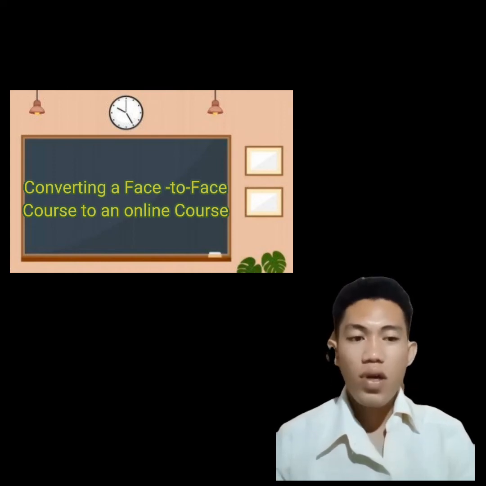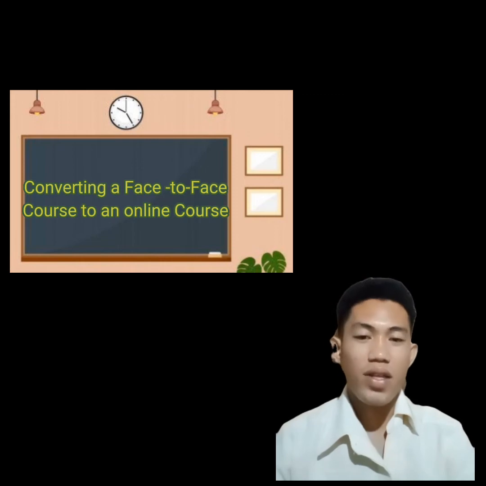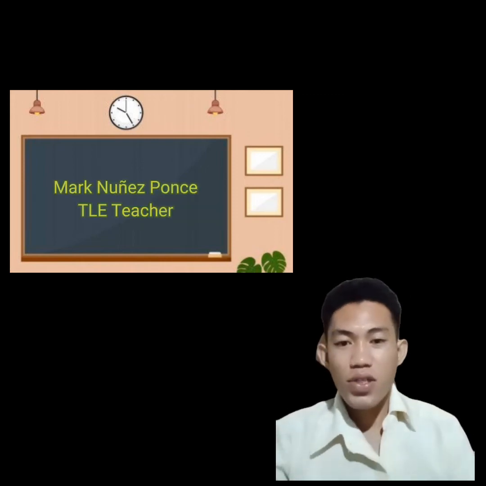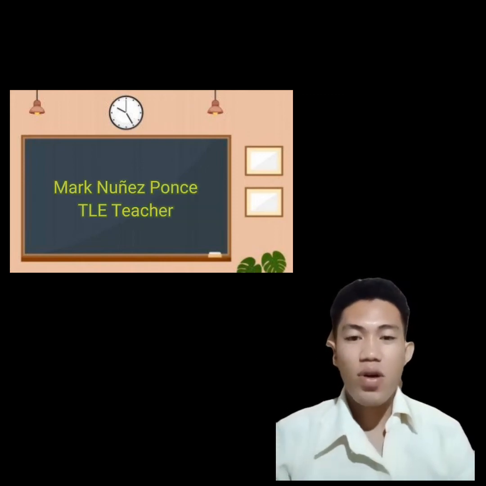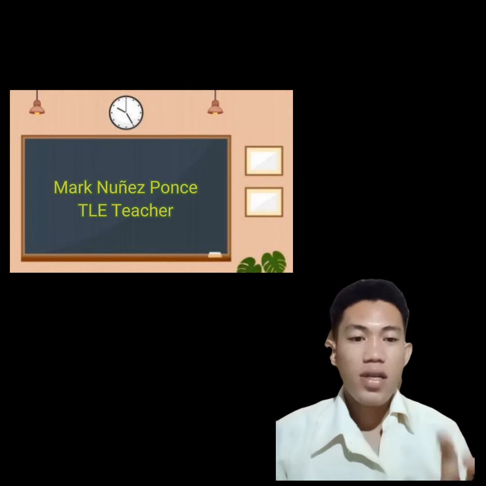So right now we are experiencing converting a face-to-face course to an online course. So to continue our discussion, I am going to introduce you to teacher Mark Ponce to discuss the characteristics of good instructional materials.